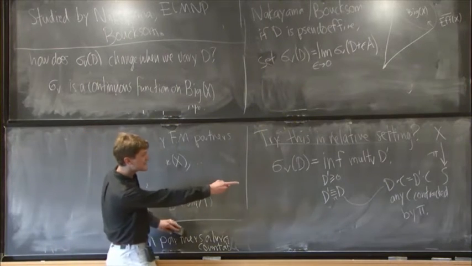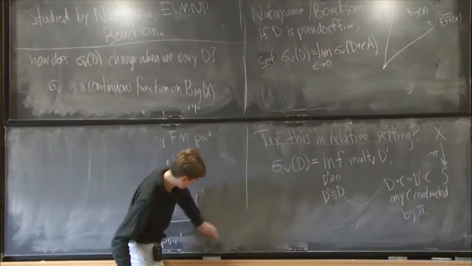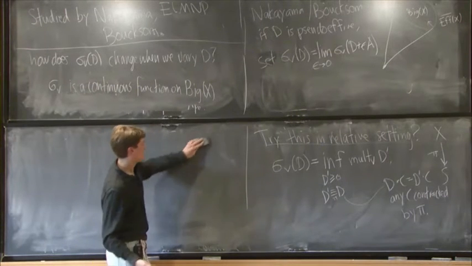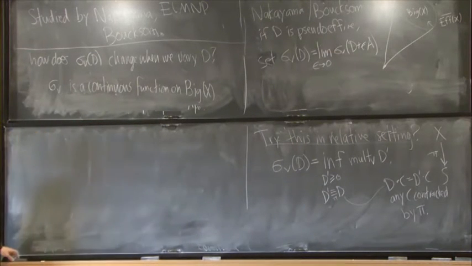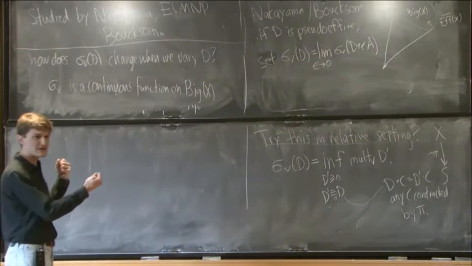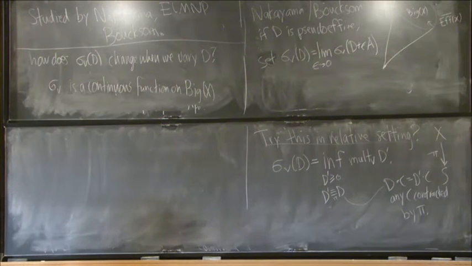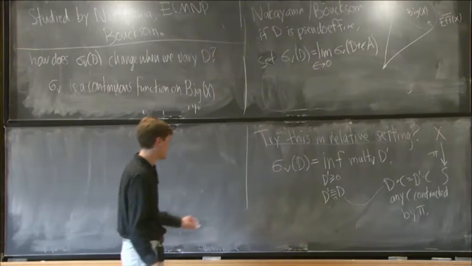In the case that S is just a point, this is exactly the same thing that we had before. But if S is not a point, it's a generalization. Again, you look at all divisors numerically equivalent to d over pi, and you take the smallest multiplicity of one of those along v.